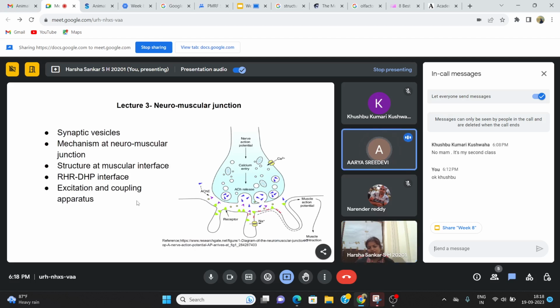No, ma'am. Okay, so R stands for ryanodine. So there are ryanodine receptors also. Then DHPR means dihydropyridine receptors. So these two receptors are basically interlinked, right? You can see the green and the red dots in the figure. So what is the peculiarity?